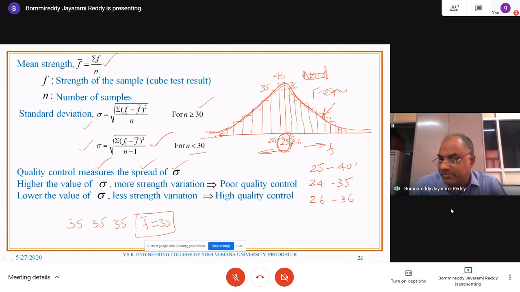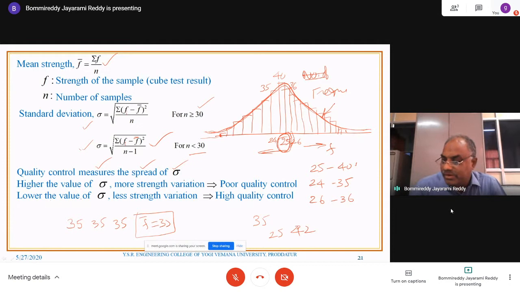The higher the value of sigma, the more variation, because these results are with reference to the compressive strength. When the sigma value is higher, there is more strength variation. More strength variation means one cube may be 35, another cube may be 25, one more cube may be 42. That means the variation of the strength is more, and hence it is called poor quality control.